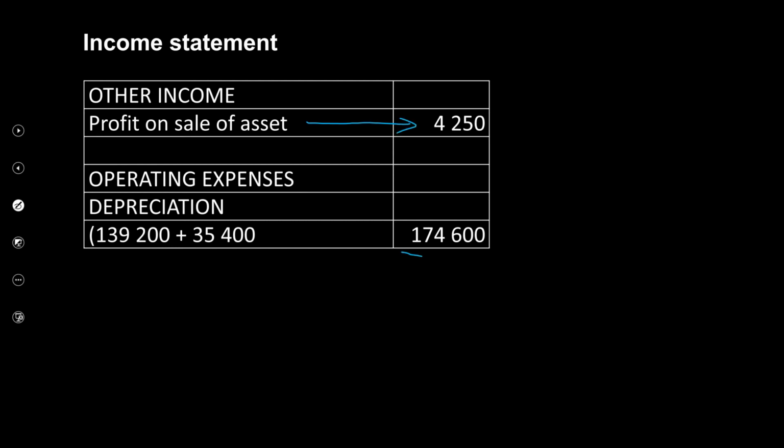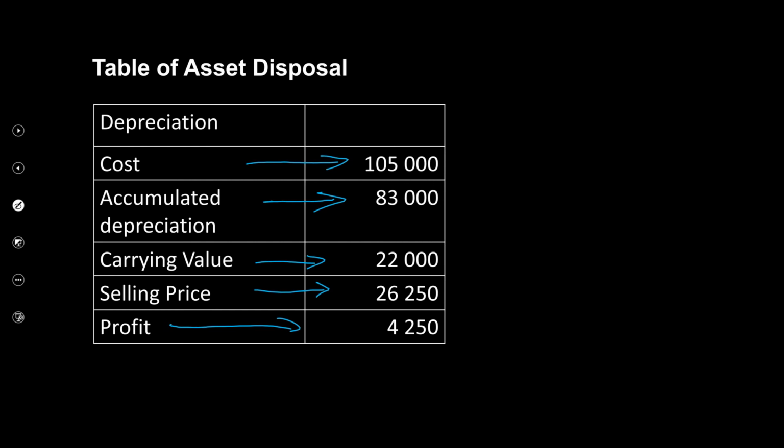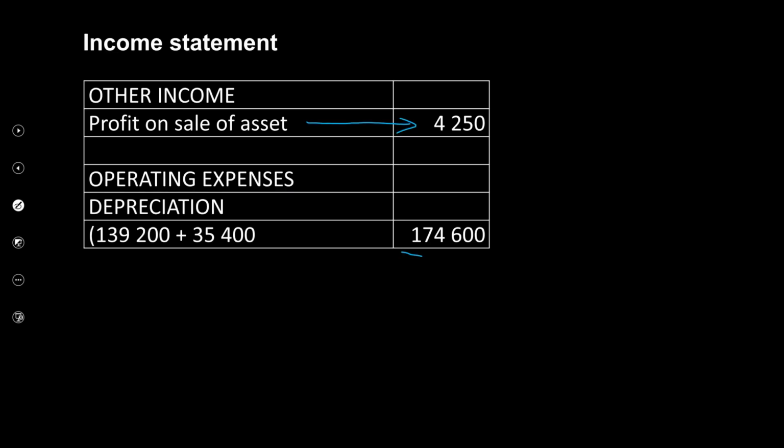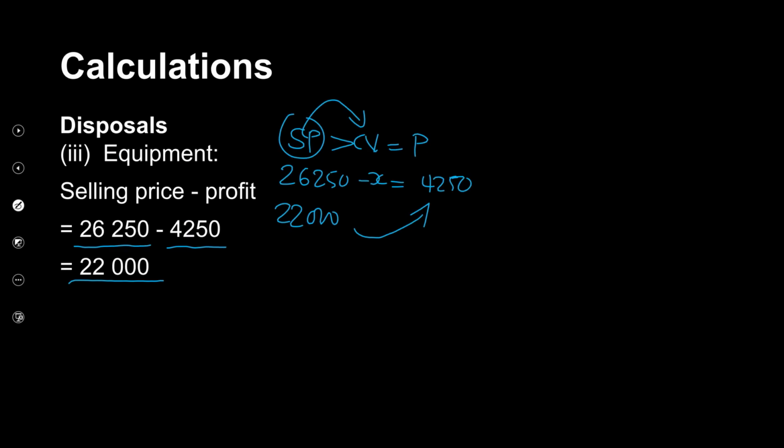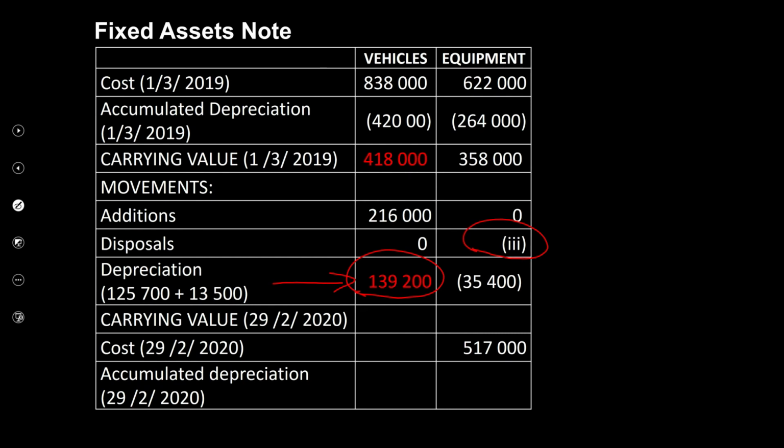Obviously, you know where that came from. That came from the profit on the disposal of the equipment. And then your depreciation. Remember, you had two components of depreciation. Let's go back and pick them up. You had the 139,200, which was your depreciation on your vehicles, and your depreciation on your equipment of 35,400.